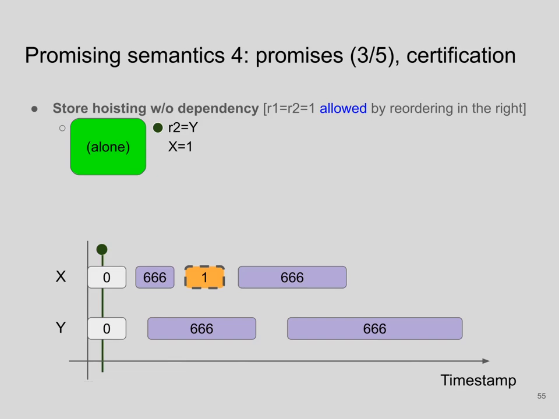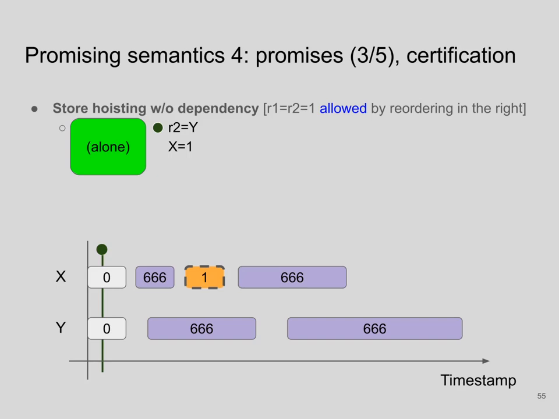Other threads may arbitrarily interfere with the memory, and I should be able to deal with such interference. So under any interference, I need to be able to fulfill the promise by writing x equals 1.